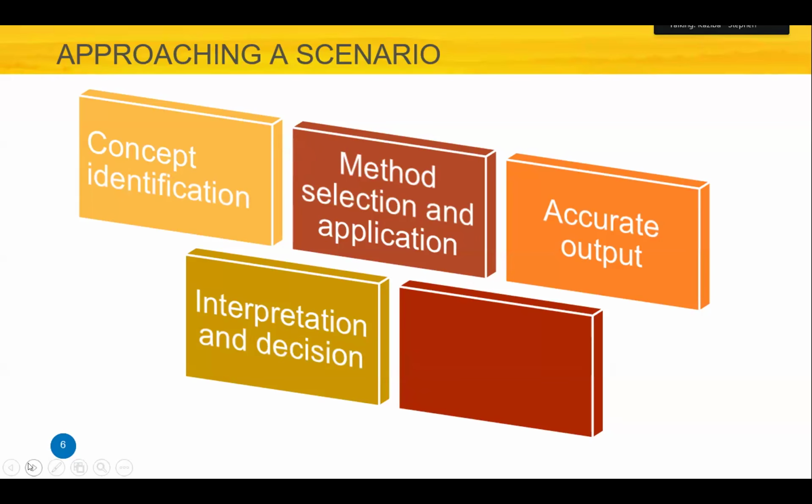Then from there, identify the method that you are going to use. Not all methods you have in your head are going to apply. When you look at the scenarios that we are going to discuss, you may have noticed that one of the items was talking about APs and GPs. Then you have to identify that if the item is about series, which method am I going to use?